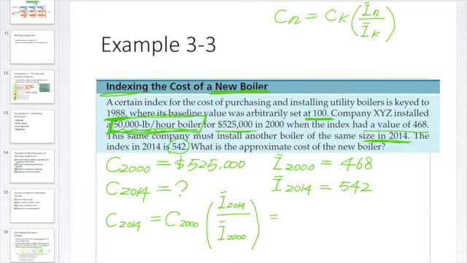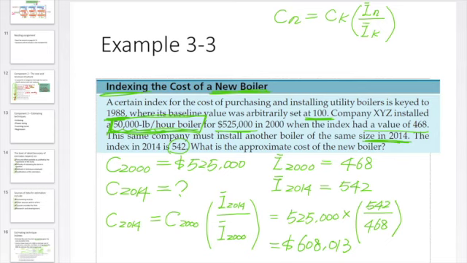Okay, so you just substitute the numbers: 525,000 times I bar 2014, which is 542, over I bar 2000, which is 468. Calculate this, and you're going to have a price of 608,013.